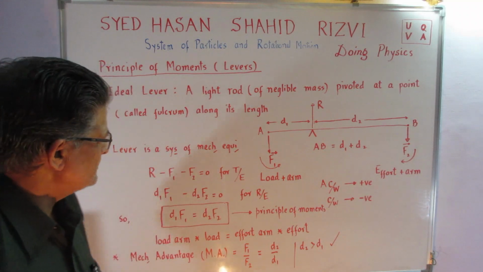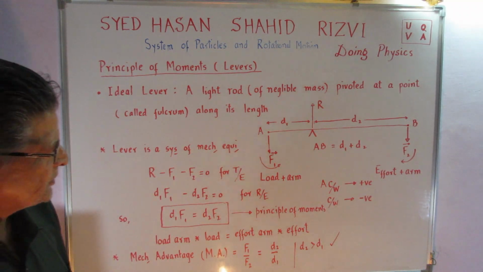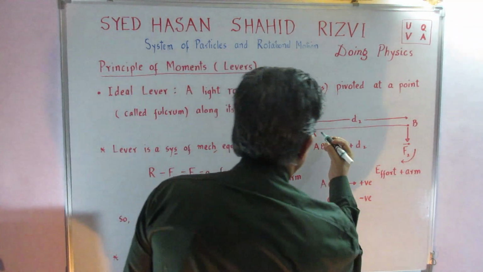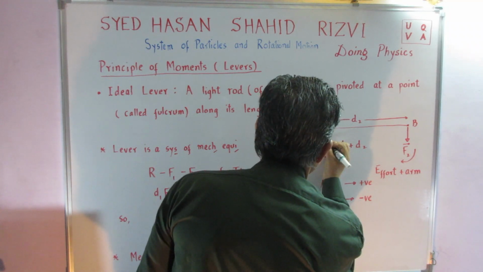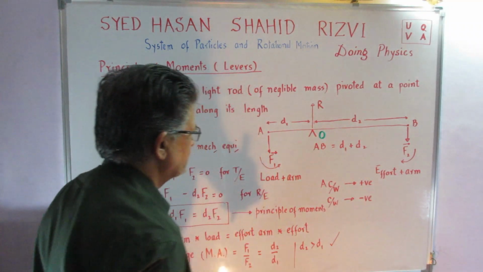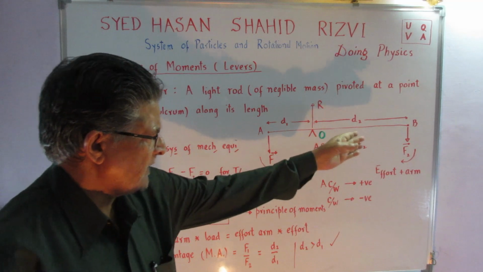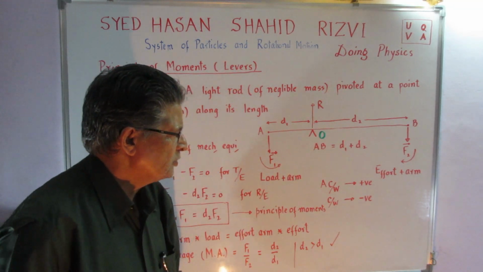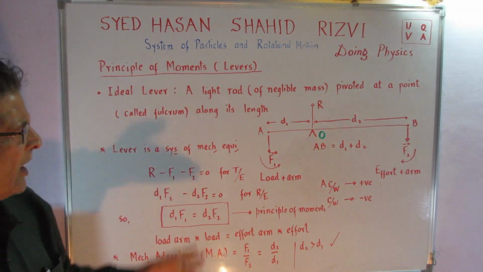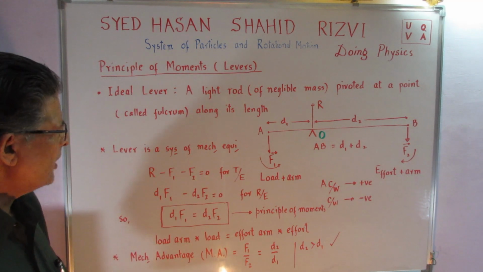This is the fulcrum. This is the point O we'll take here, and this we'll call the fulcrum. This can be situated anywhere on the line joining the two ends of the light rod.